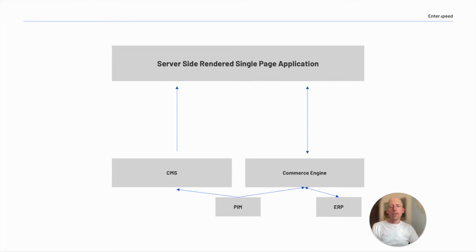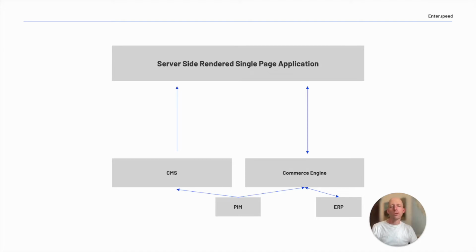To put this into the context of the modern composable architecture, for the last few years we've seen that more and more are breaking down their monolithic stack and building with more standard services. Some would know this as the best of breed strategy.